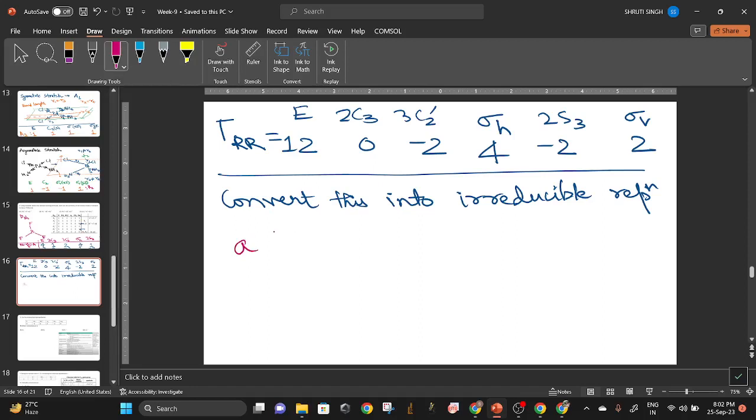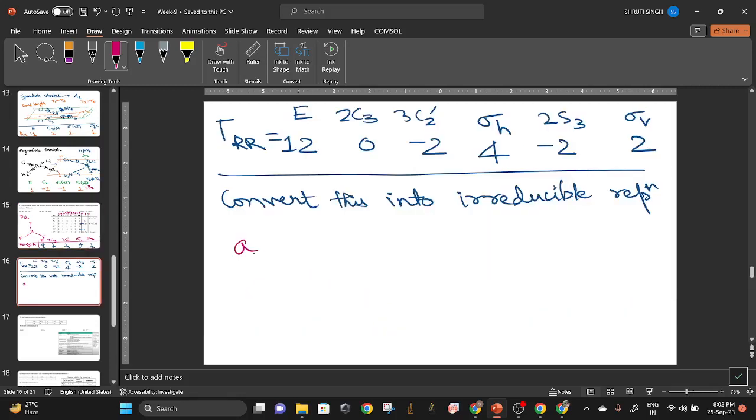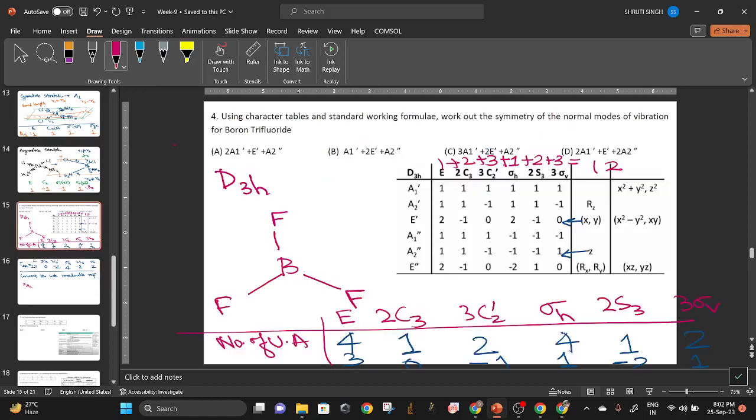12 into E. What is the order here? 12. So first A1, I will put this here.